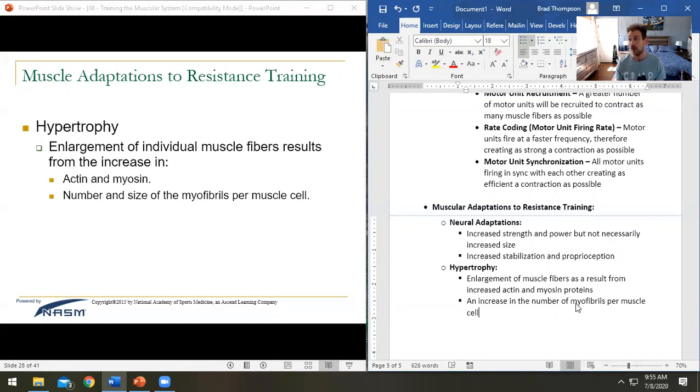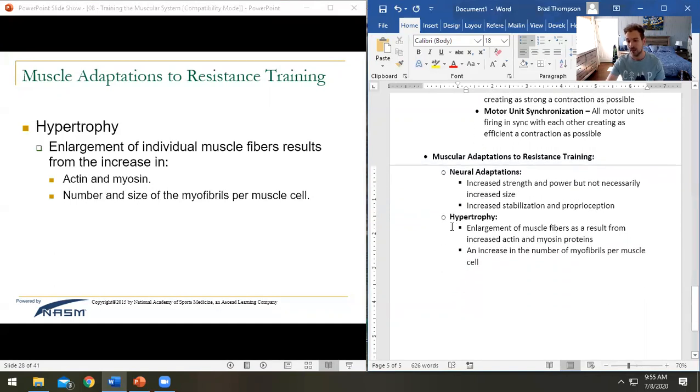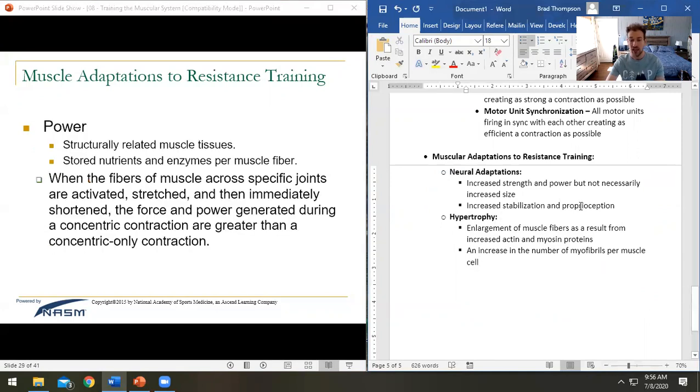So your body will go, okay, I'm going to make more myofibrils in response to that, right? So typically, if you are training for hypertrophy, you're going to want to focus primarily on glycolysis as an energy system.